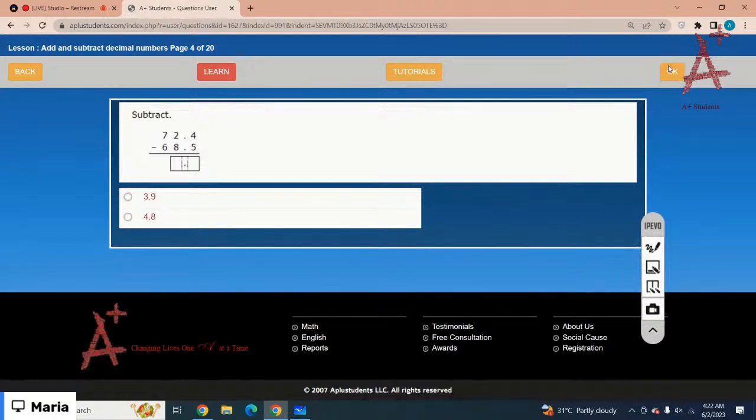So which is the correct option? It would be 3.9. The correct option is 3.9. Got it?